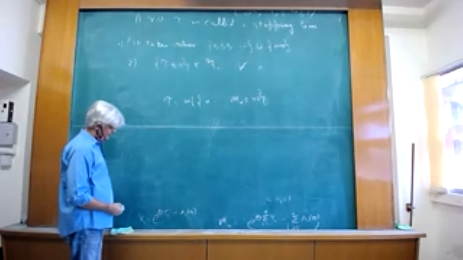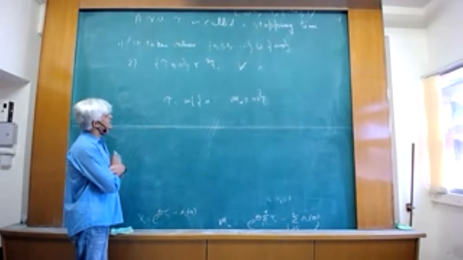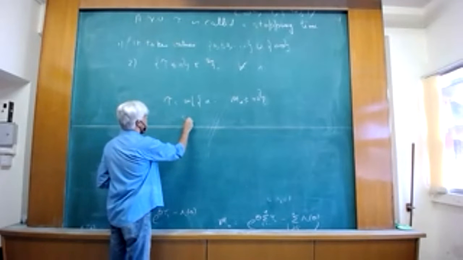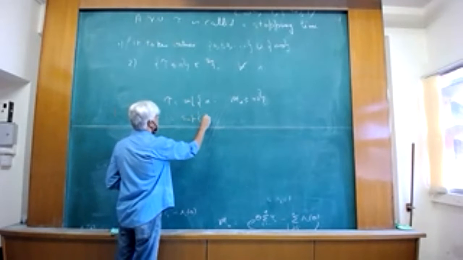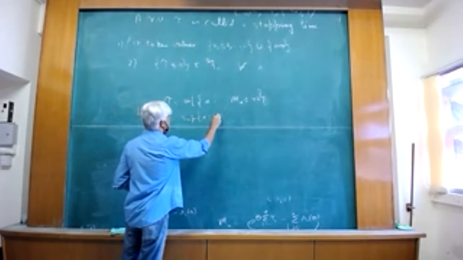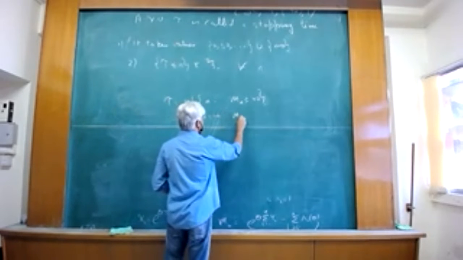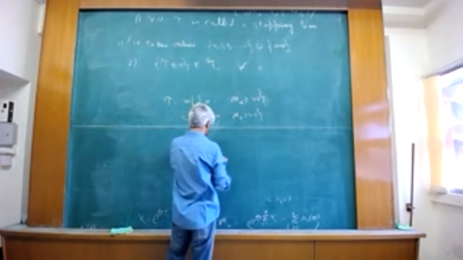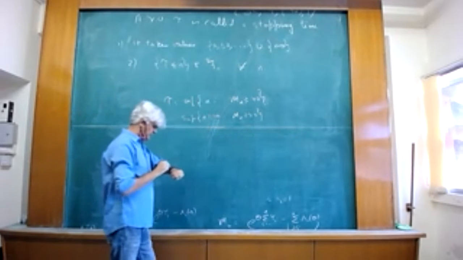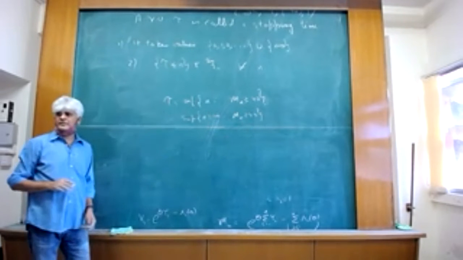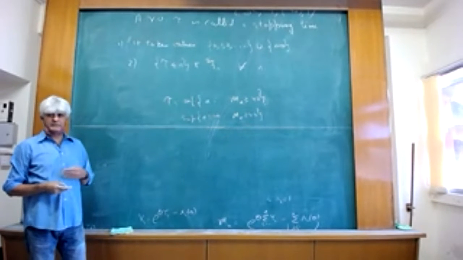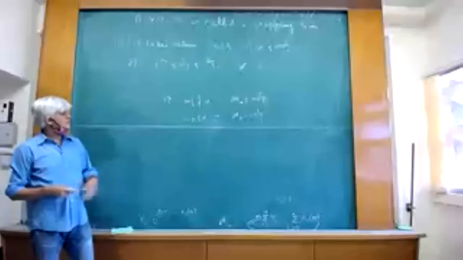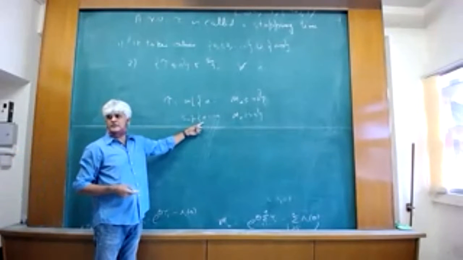Now, if I say supremum of n less than or equal to 100, and M_n is greater than 40, this is not a stopping time. If I see up till 90, I can't be sure that that's the last time I'm going to be crossing 40.